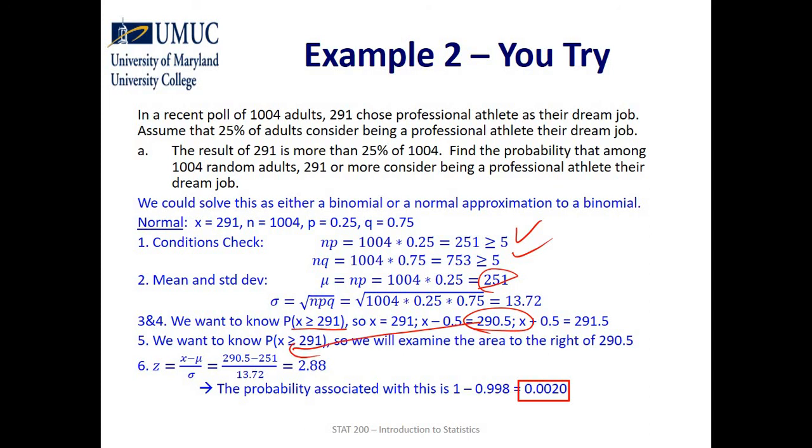So we compute our z-score: 290.5 minus 251 divided by 13.72 gives us 2.88. And the probability associated with that, if you put your z-score back into Excel like we did, or do it in a lookup table, you're going to get 0.998. That's the area to the left. So we do 1 minus that and we get 0.0020.